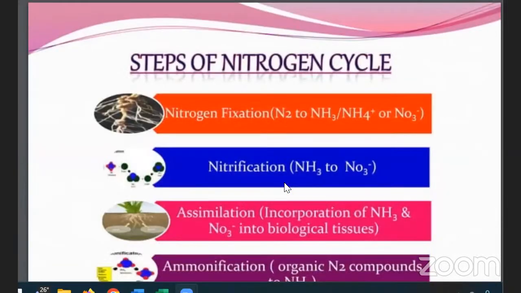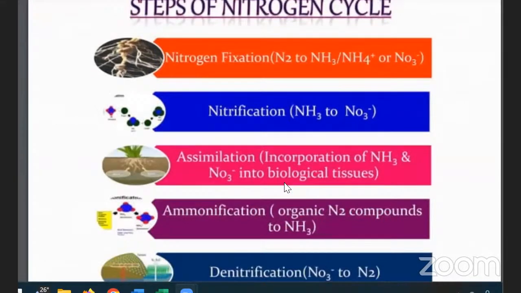So the different steps in the nitrogen cycle are nitrogen fixation, that is nitrogen is converted into ammonia or ammonium oxide or nitrites, and then nitrification, ammonia to nitrites.